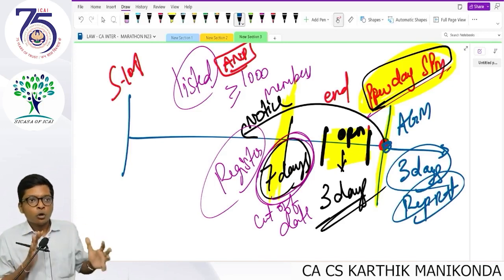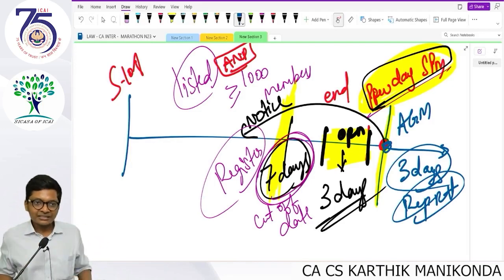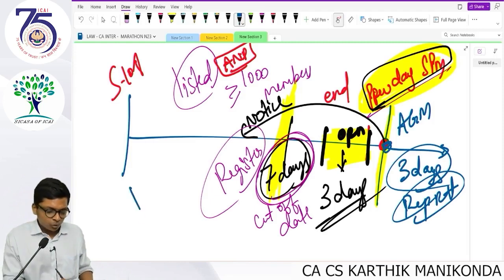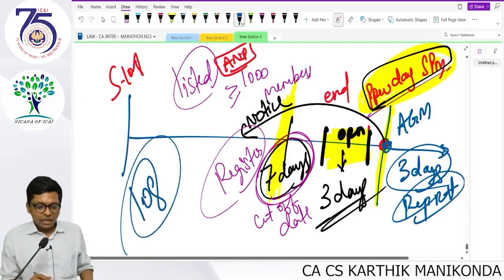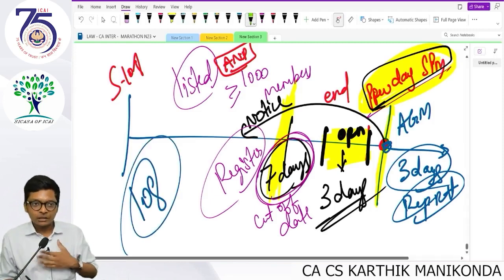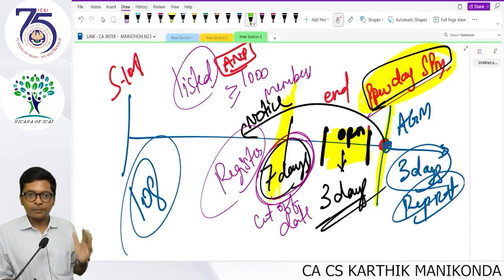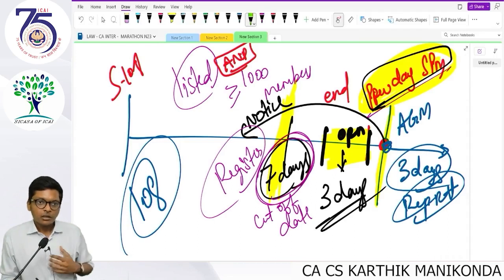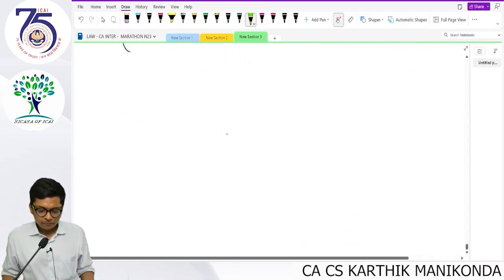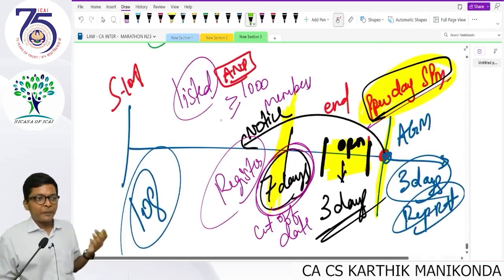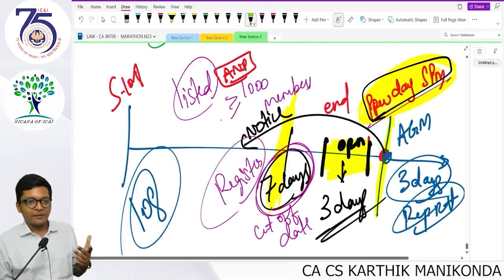How many votes? Who voted in favor? Who voted against? Clear, guys? This is section 108. Are you following the key provisions, guys? If anything is missed, you feel it's important, sir, tell me, I'll take it up. Clear? Following, this is 108. Newspaper circulation is not a default, newspaper website. Clear?